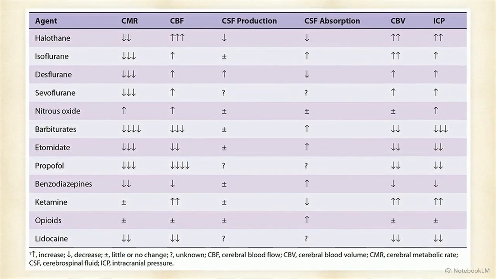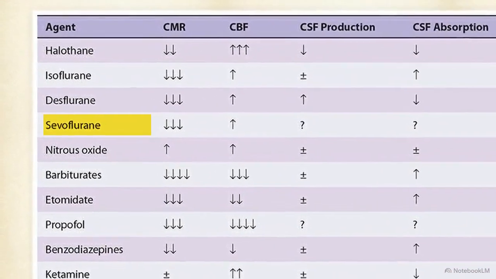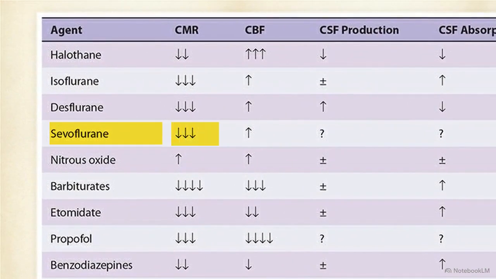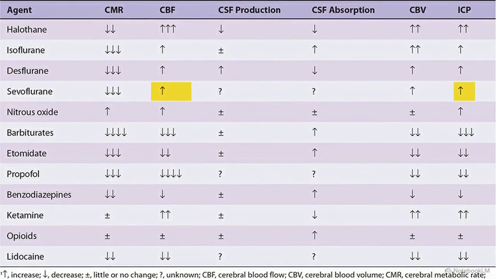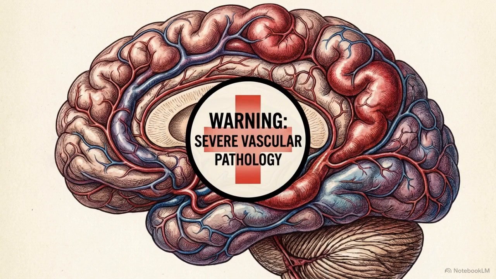This table outlines the comparative physiological effects of various anesthetics on the brain. Focusing on the sevoflurane row, 3 downward arrows in the CMR column indicate a significant decrease in cerebral metabolic oxygen rate. However, adjacent columns show slight increases in both cerebral blood flow and intracranial pressure, provided the patient remains at normal carbia. Administering high concentrations of sevoflurane, exceeding 1.5 MAC, can impair the brain's innate ability to auto-regulate that blood flow.